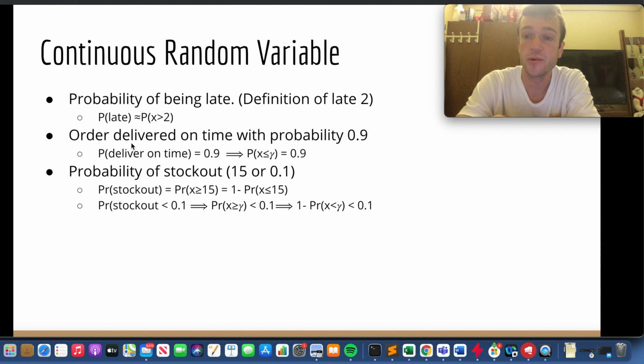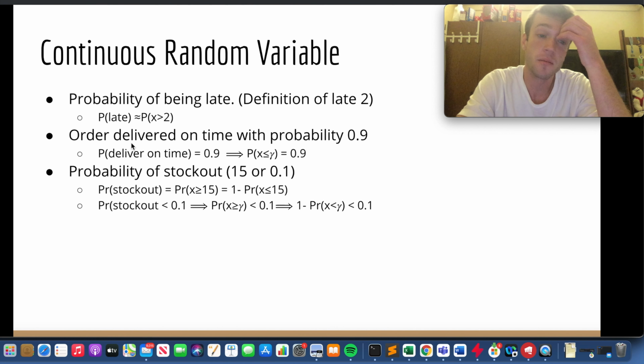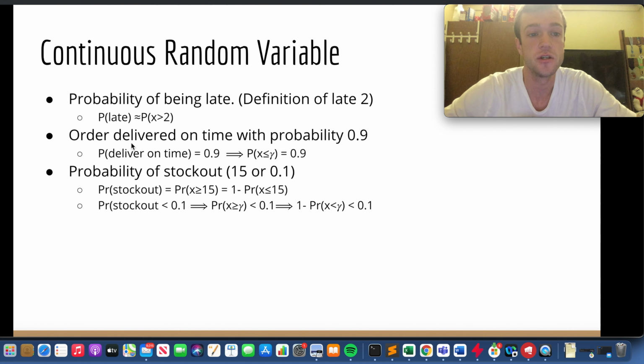Continuing with continuous random variables, looking at the probability of being late, given that the definition of late is 2, the probability of being late is the probability that x is greater than 2. Another common question: order delivered on time with a probability of 0.9.